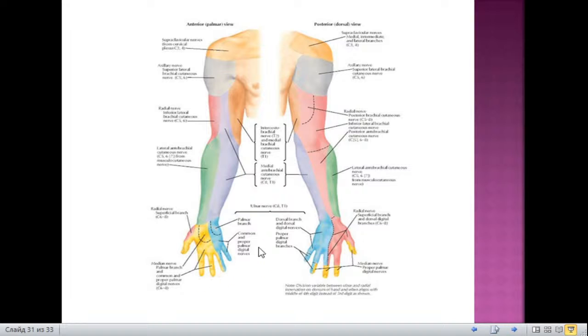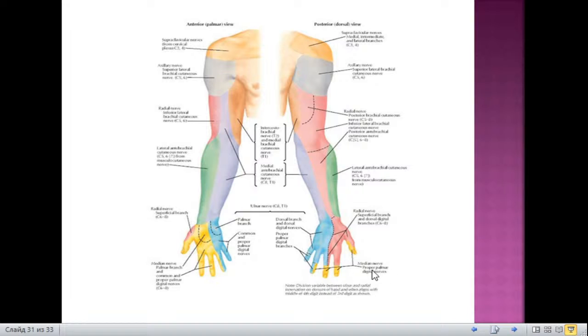At the palmar side, the thumb, index, middle, and the side of the ring finger are supplied by the median nerve. After that, 1.5 fingers are supplied by the ulnar, I mean the palmar side of the little finger and half of the ring finger.